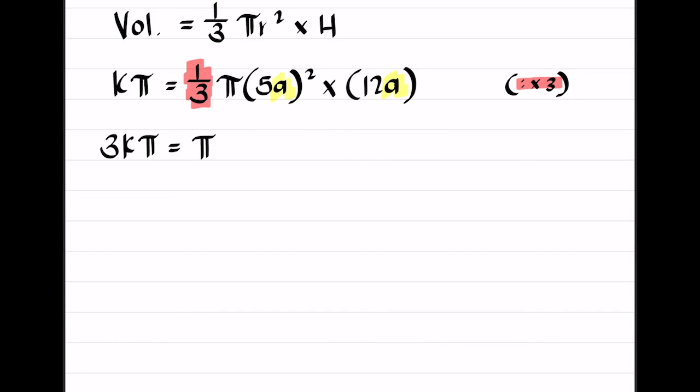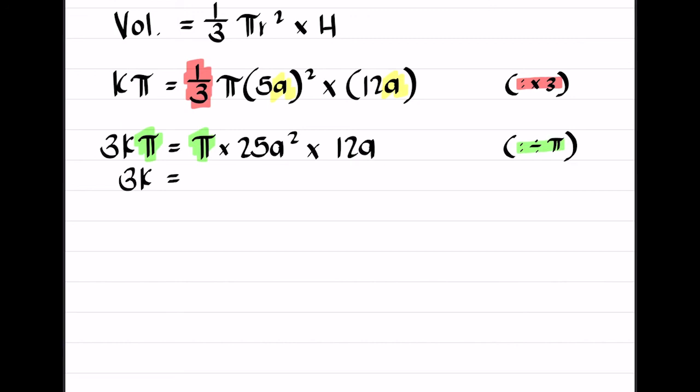I have 5a all squared, which means I'm going to multiply the pi with 25a squared times 12a. Now I want to get rid of this pi on both sides, so I'm going to divide both sides by pi. Dividing by pi gets rid of the pi on both the left-hand side and the right-hand side. So I'm going to be left with 3k equal to 25a squared times 12a.